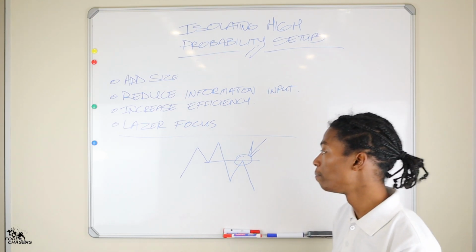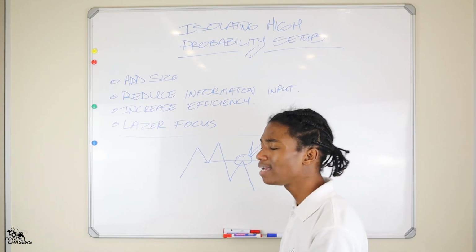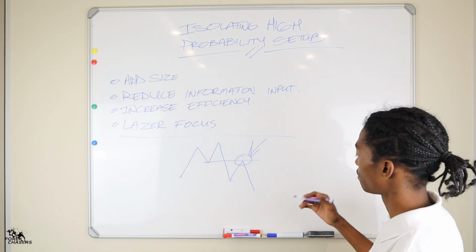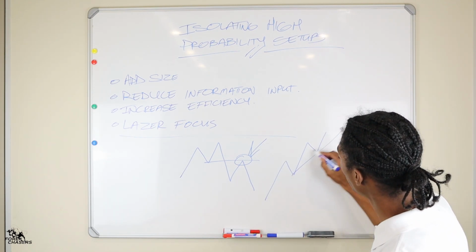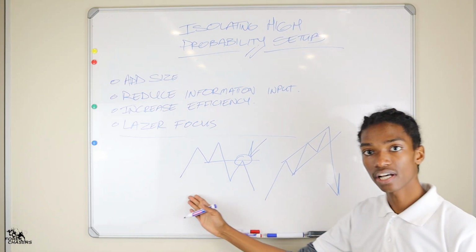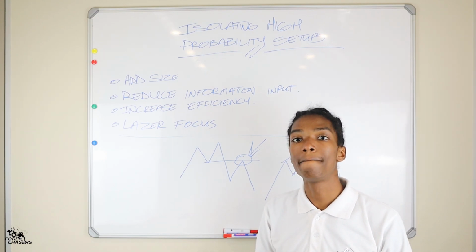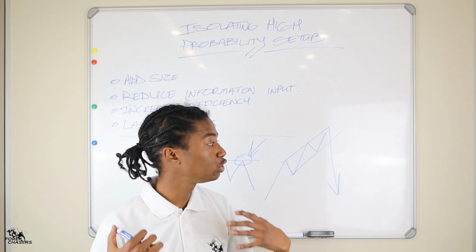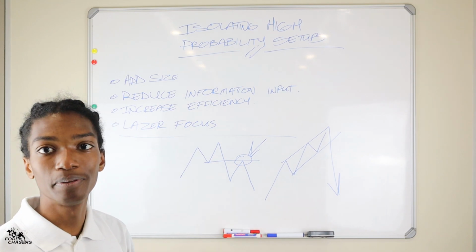Maybe another individual looks for something like this, and then they're looking to trade this on the way to the downside. These are 2 completely different setups that one individual might have within their trading plan. Now, what we're going to do here, we're still going to isolate our high probability setups.